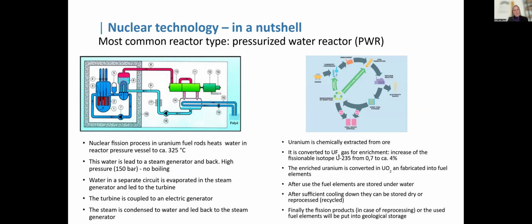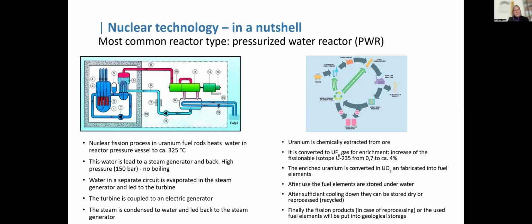So in a nutshell, nuclear technology, the most common reactor type, the pressurized water reactor. On the picture on the left, you see the schematic nuclear fission process, and the uranium fuel rod heats the water to about 325 degrees C. And the water is led to a steam generator and back. And the whole thing is under high pressure. This circuit, 150 bars, so there's no boiling.